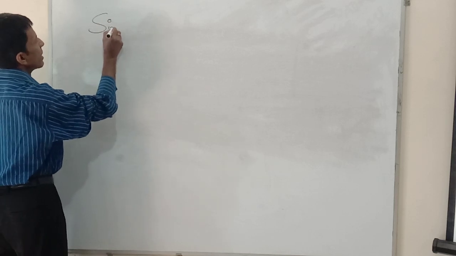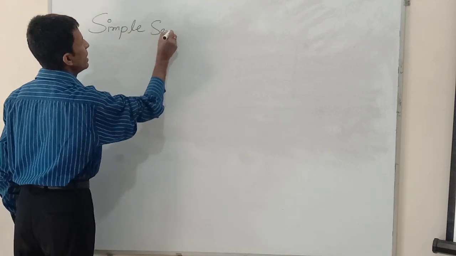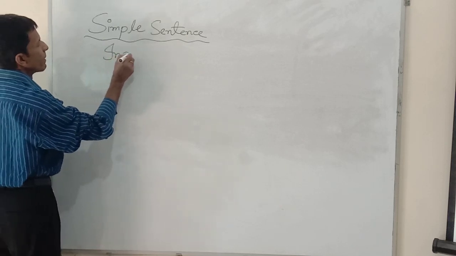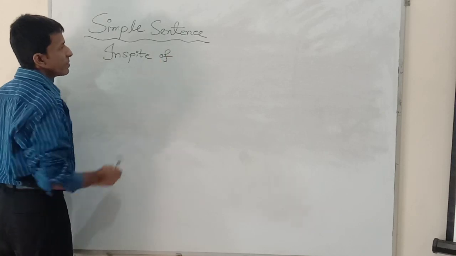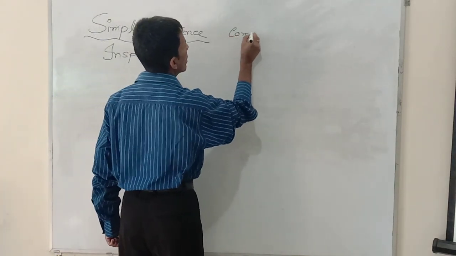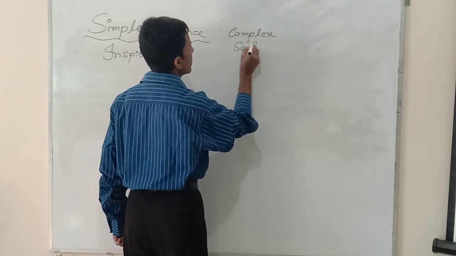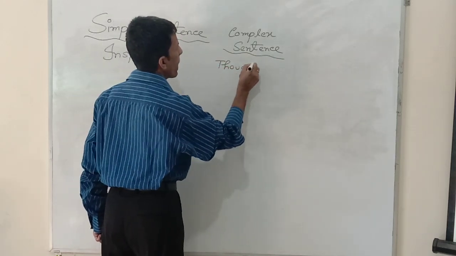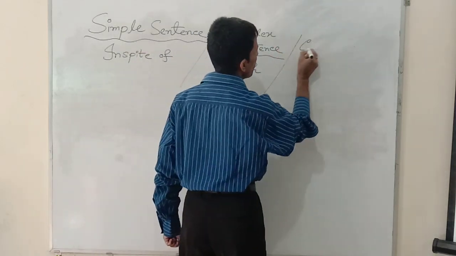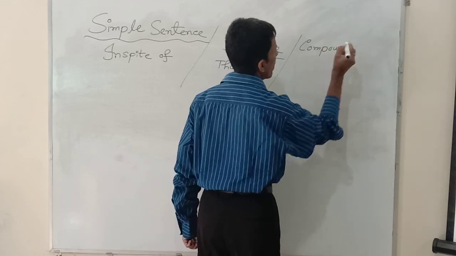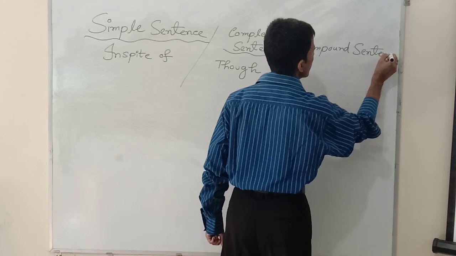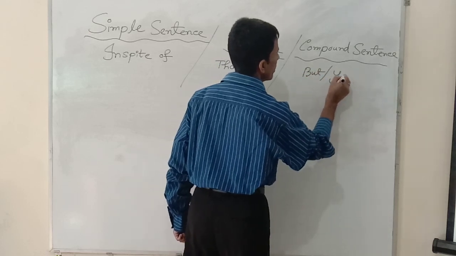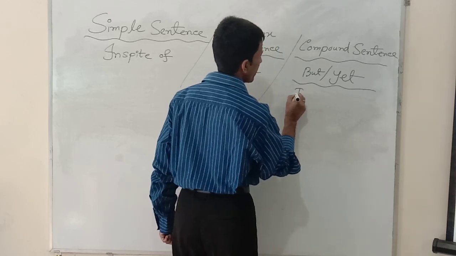If the simple sentence contains in spite of, then the complex sentence must be started with though, and the compound sentence will have to be written by adding but or yet in the middle part.